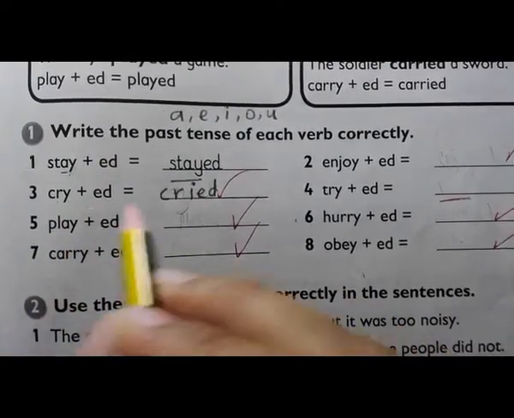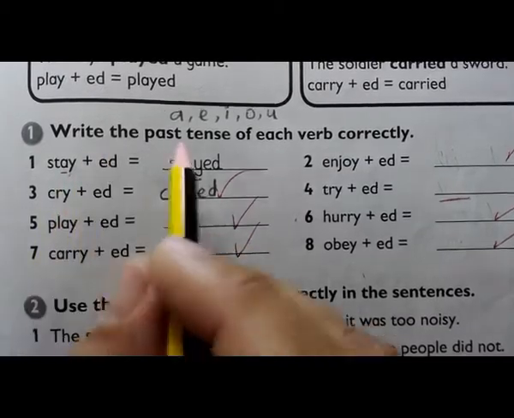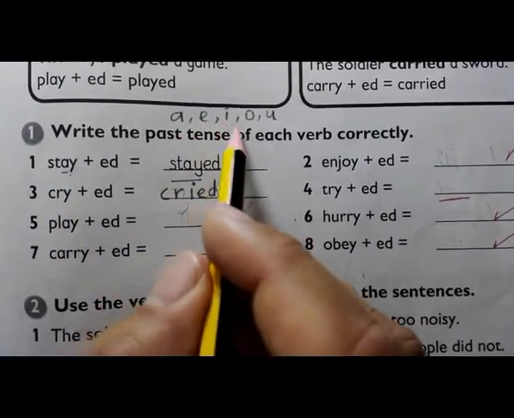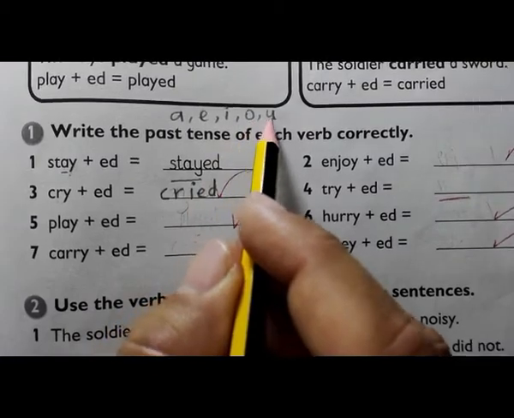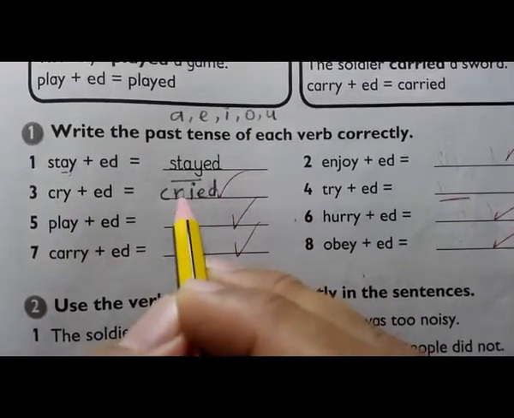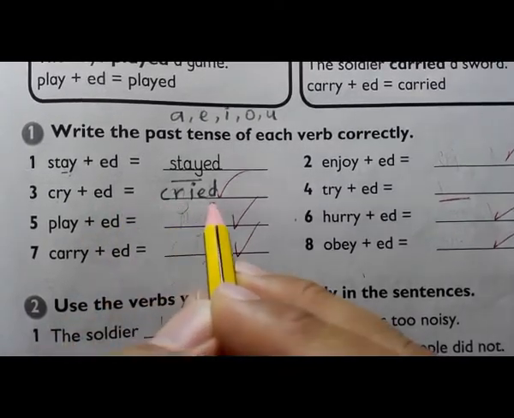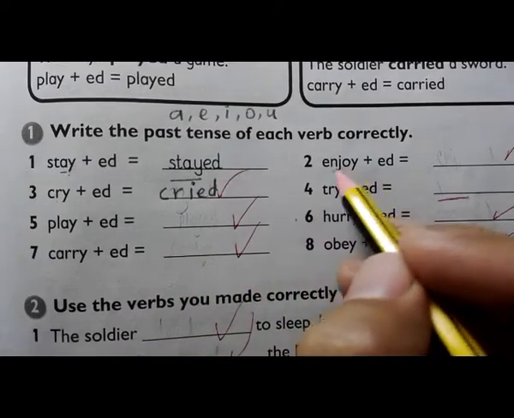C-R-I-E-D, cried. If before y there is no vowel, there is no a, e, i, o or u, just replace the y with i and then add ed. It will become cried.